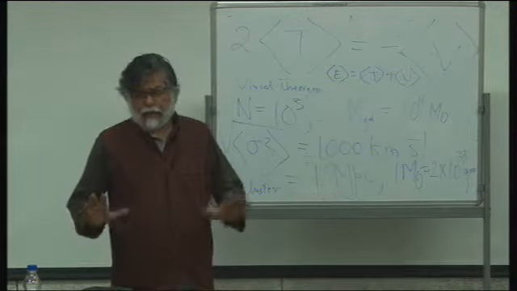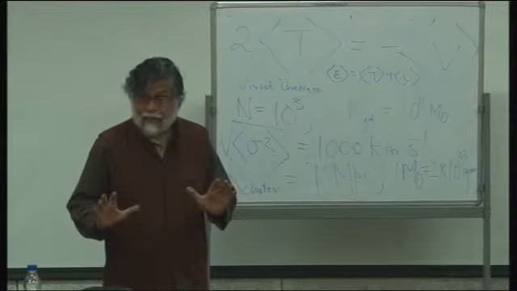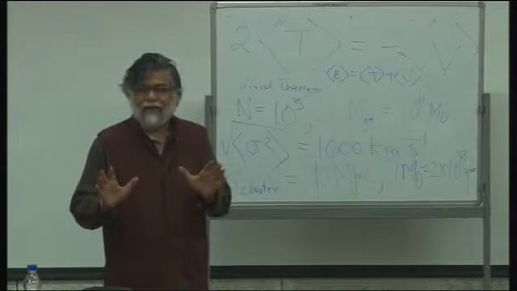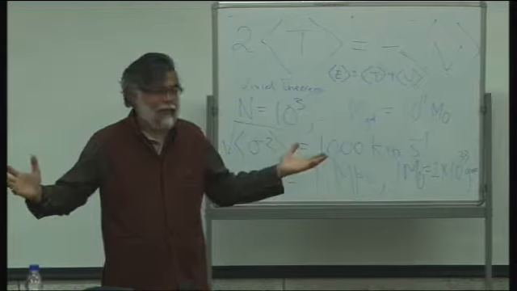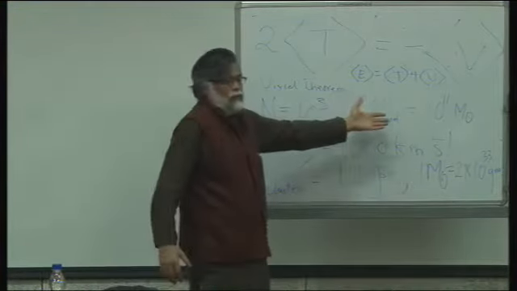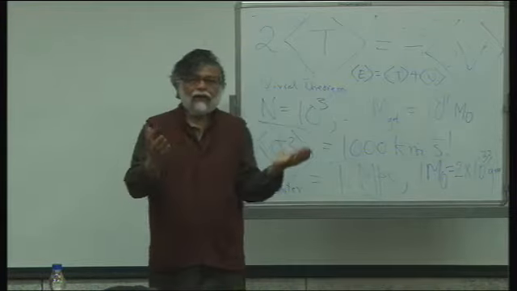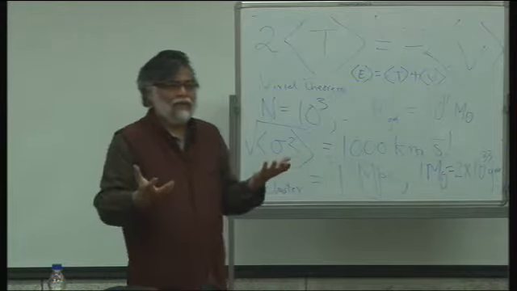So what this implies is that if standard physics is valid even at such large scales, then there has to be dark matter. In fact, you can show that the total amount of dark matter you need is almost 100 times more than the visible matter.